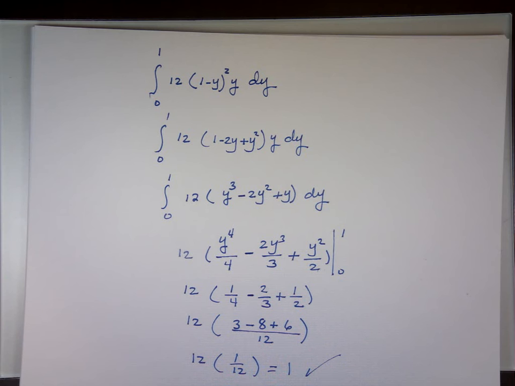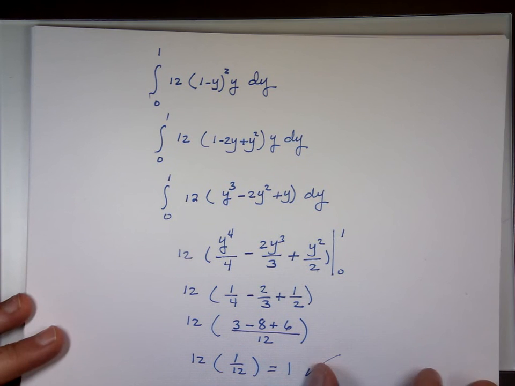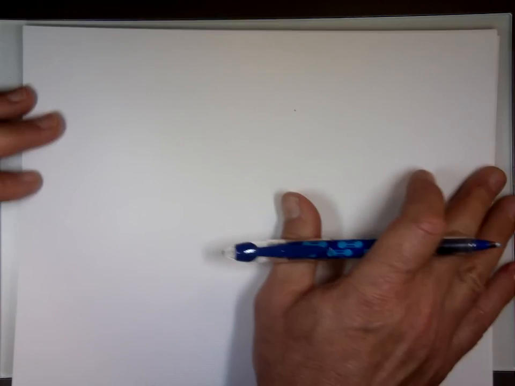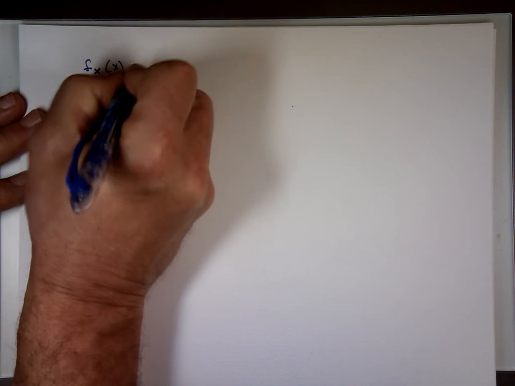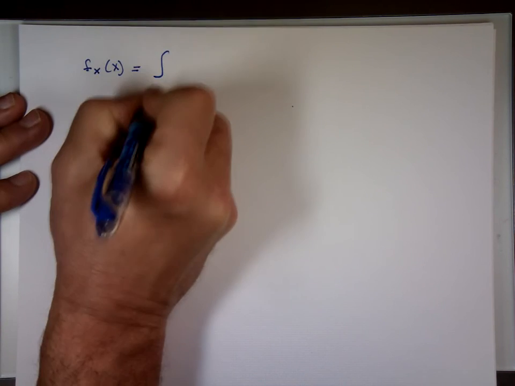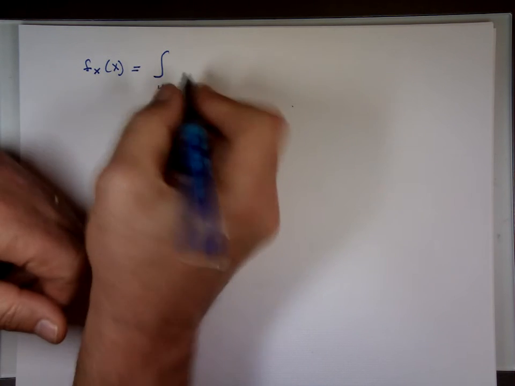Now, a couple more things here. Looking at the clock here. What about f of x, the marginal density function? If I want to find f of x, it's the integral over y, f of x comma y dy.